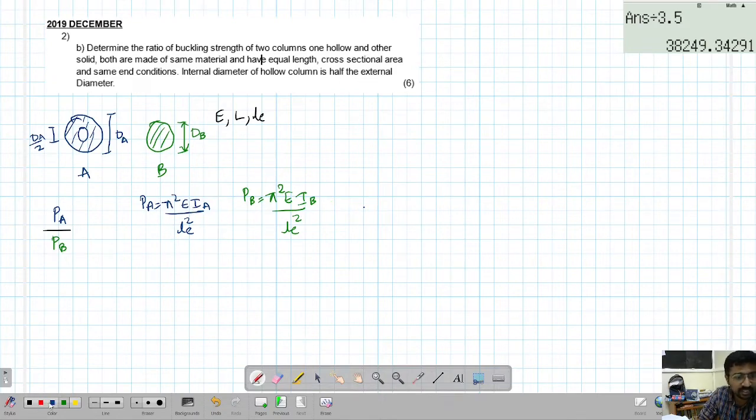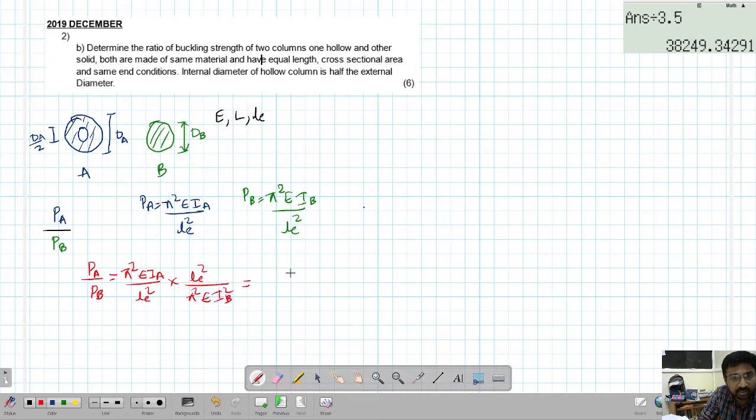Now we can see that the ratio of PA by PB comes out to be pi square E IA upon LE square times LE square upon pi square E IB.